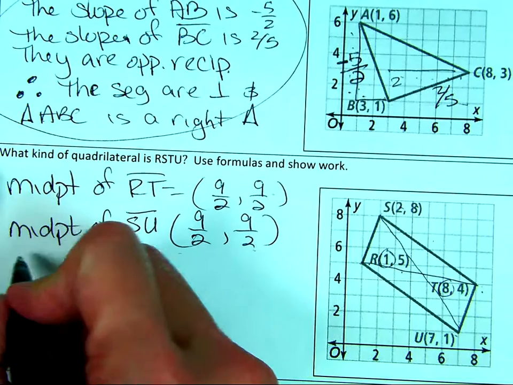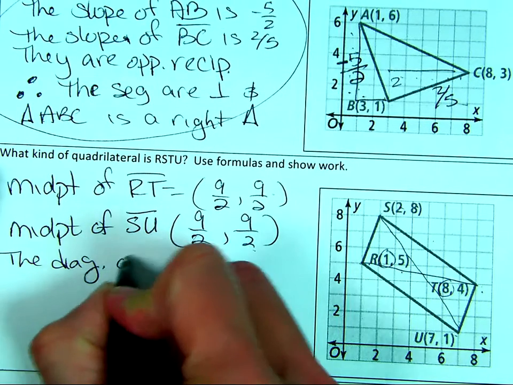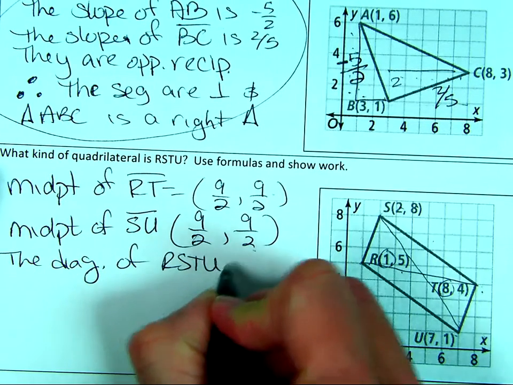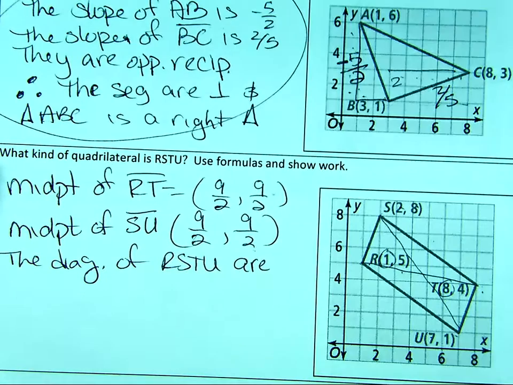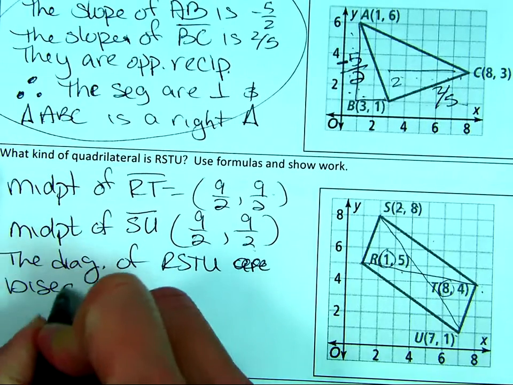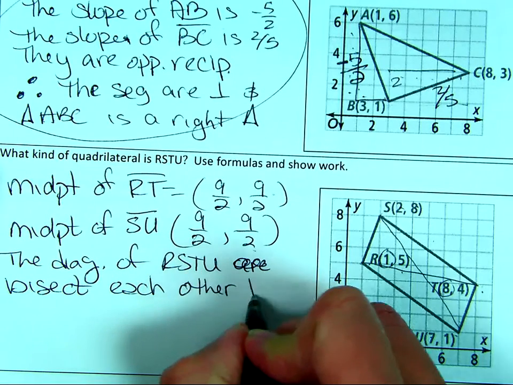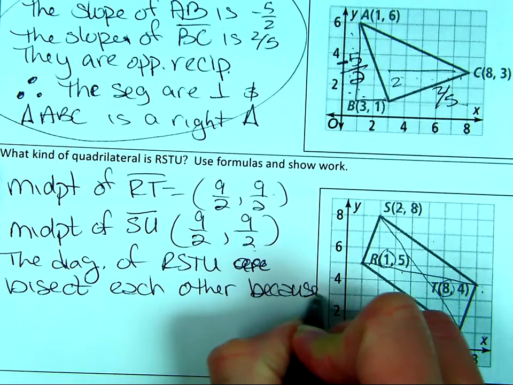So I would say the diagonals of RSTU bisect each other. And how do I know that? Because they have the same midpoint.